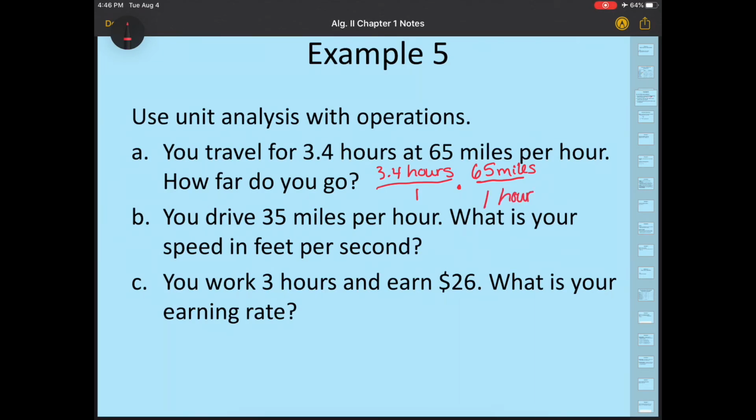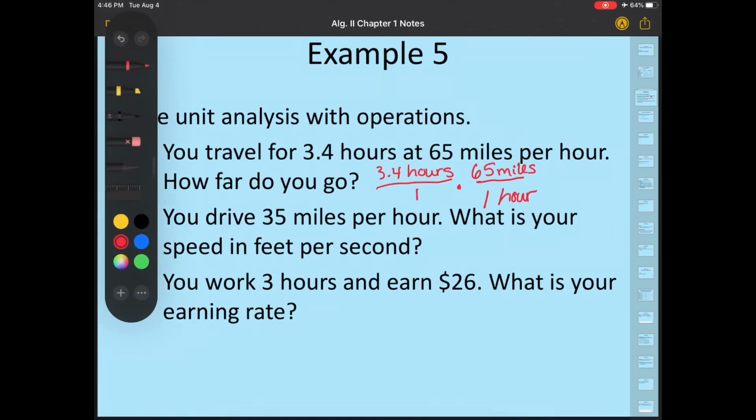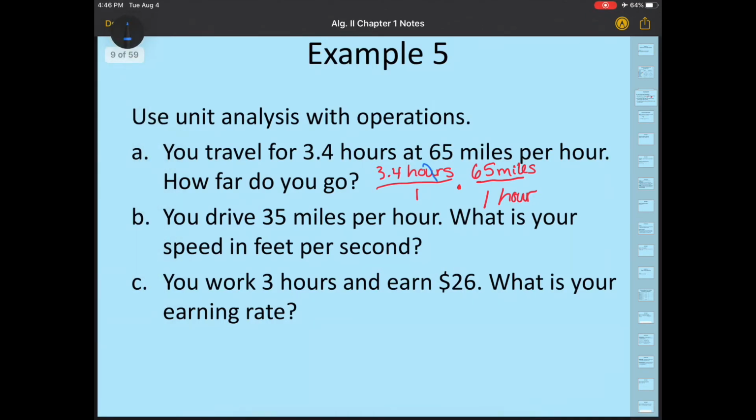And if you notice here, the reason why I'm putting an hour on the bottom is because I want to cancel the hour units out. So these are going to cancel out. So what I'm going to do here is take 3.4 and multiply that by 65. So 3.4 times 65 miles per hour is just 221 miles. So you went 221 miles in that amount of time.